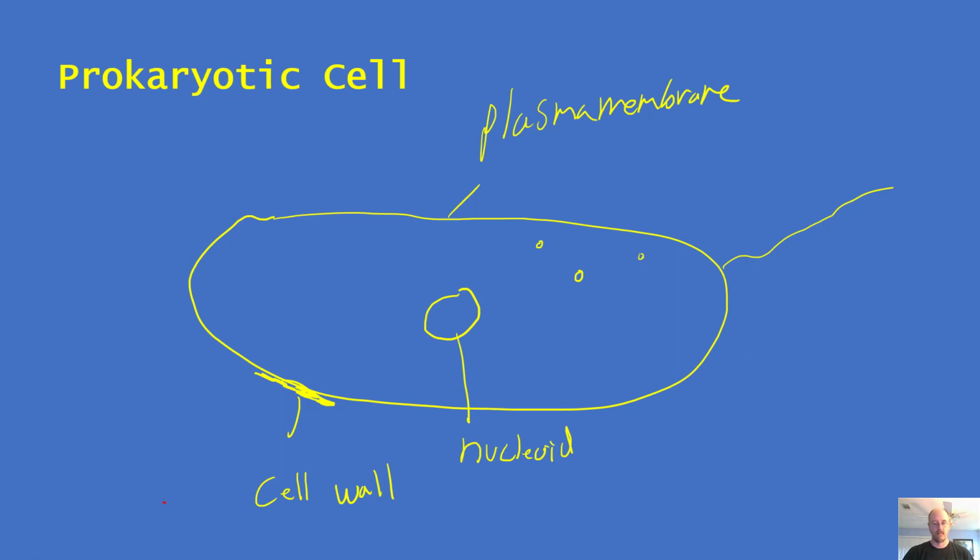And then you're going to have ribosomes in there. Okay? So those are some of the things you'd find inside of a prokaryotic cell.